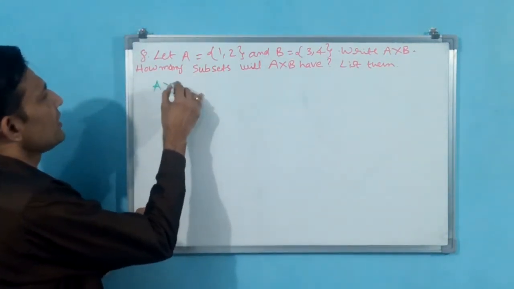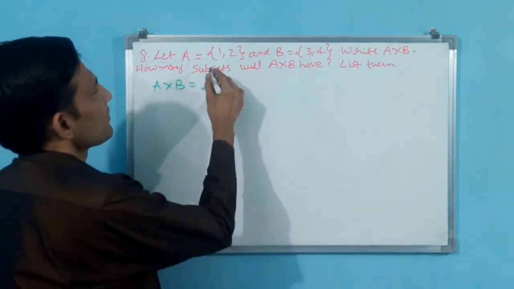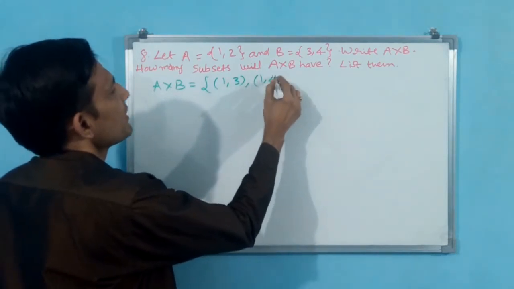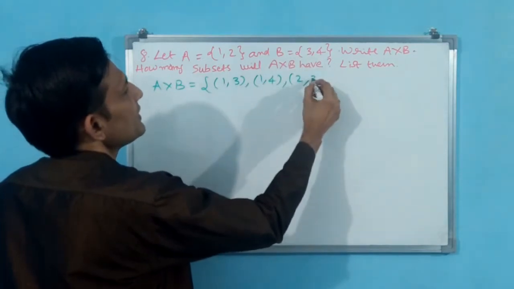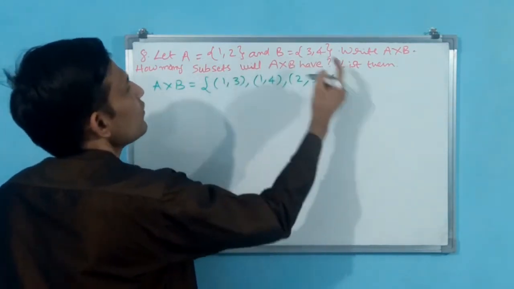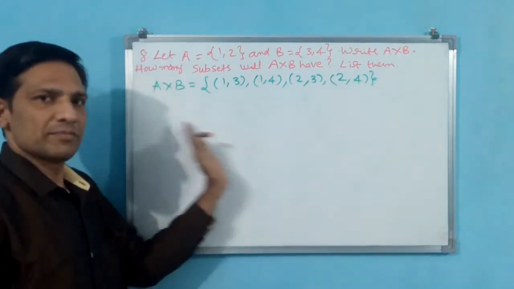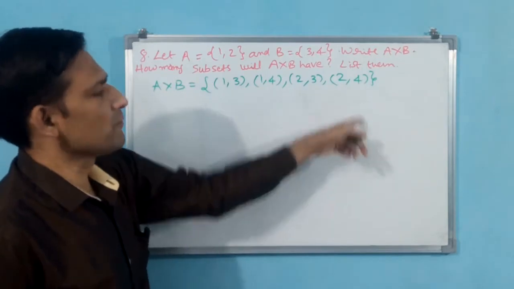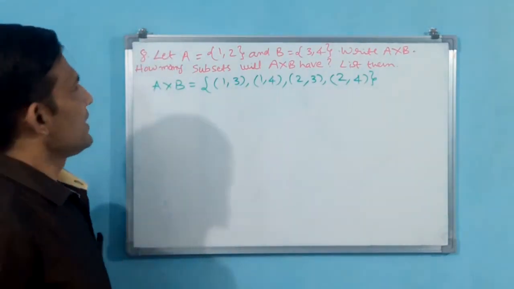A cross B is equal to (1,3), (1,4), (2,3), (2,4). Now A cross B is over. 2 into 2, 4 elements have to come. 1, 2, 3, 4, 4 elements have come. A cross B finished.